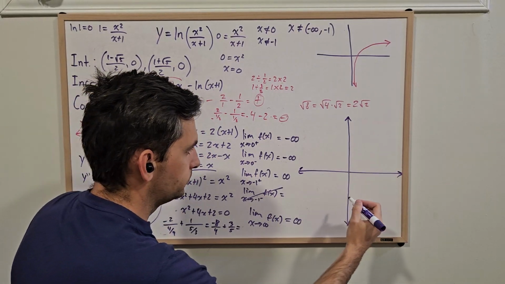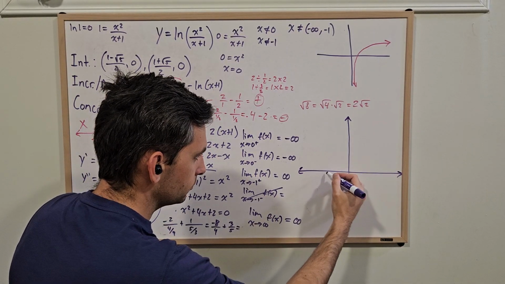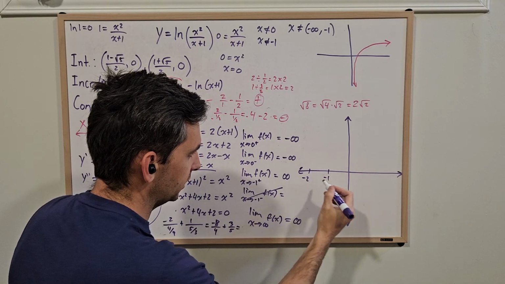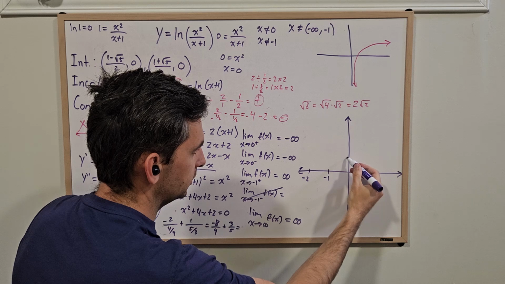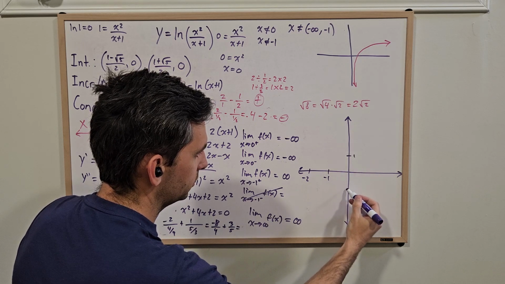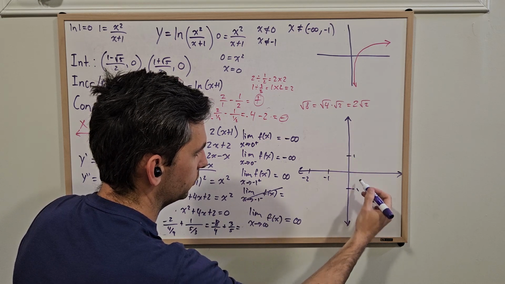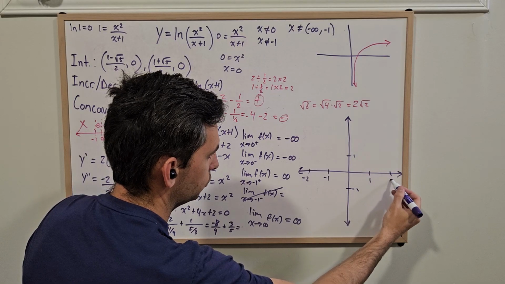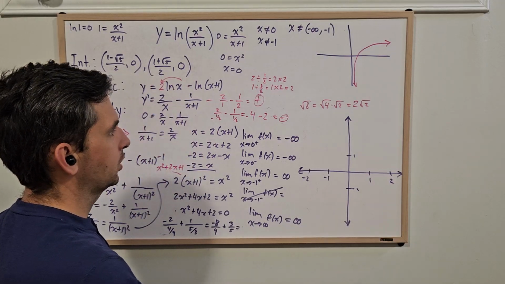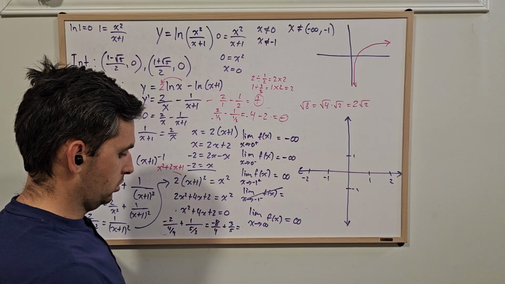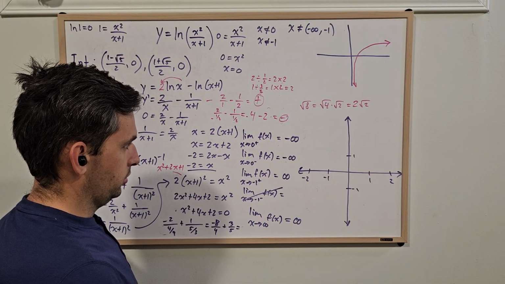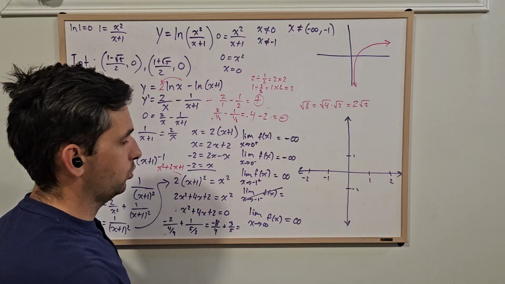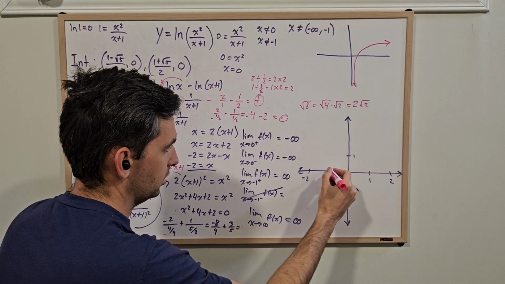Okay, so this is negative 1, this is negative 2, this is going to be 1 up here, this is going to be negative 1, I have 1, I'm going to have 2 over here. Okay? All right, so here x cannot equal 0 and x cannot equal negative 1, so I have asymptotes there.